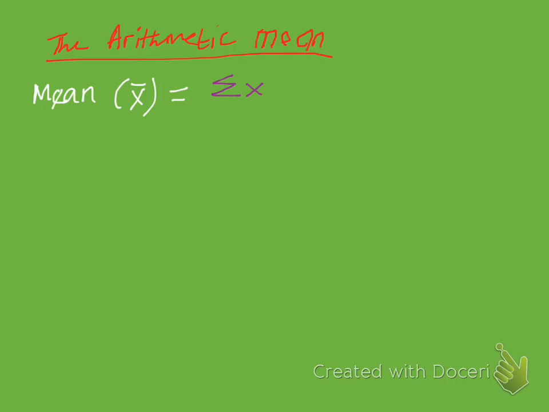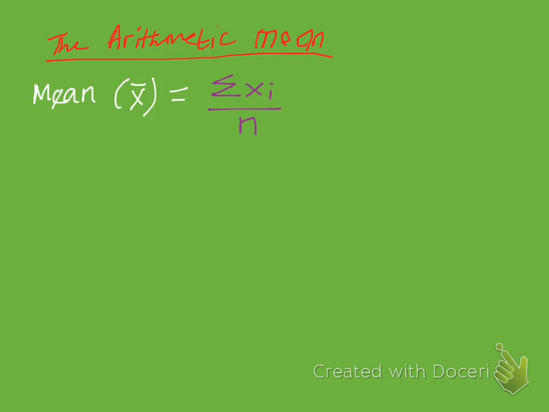Let's begin with the arithmetic mean. Mean, denoted by x bar, is the sum of xi over n. Mean calculates like the average of a distribution. This sign, like an opposite e, is sum.